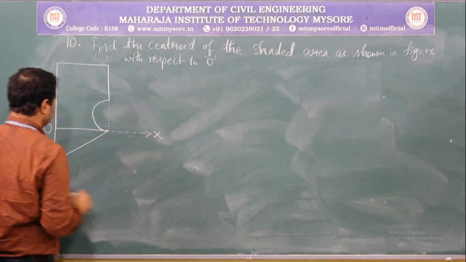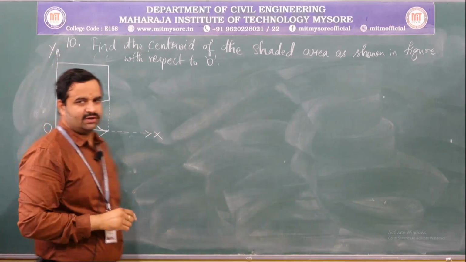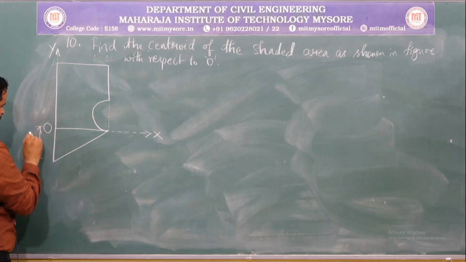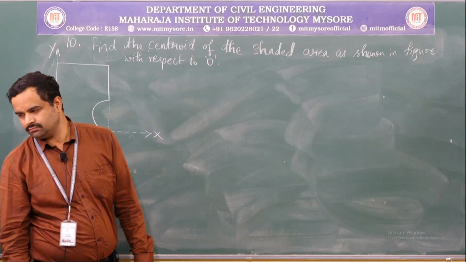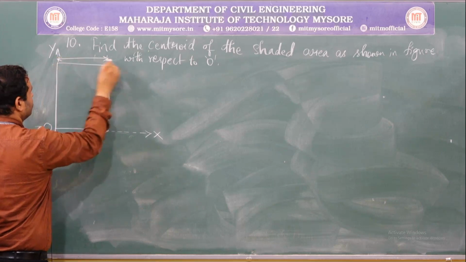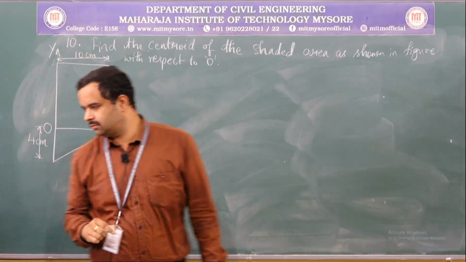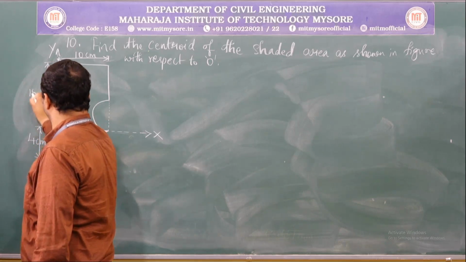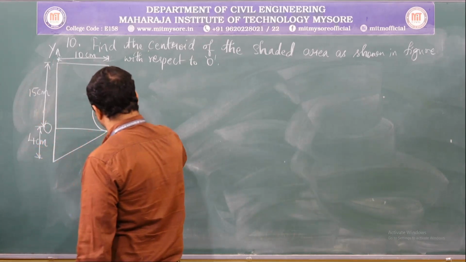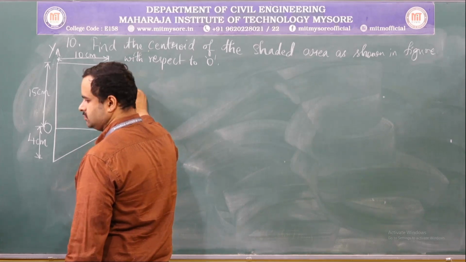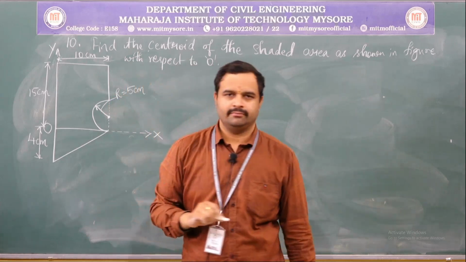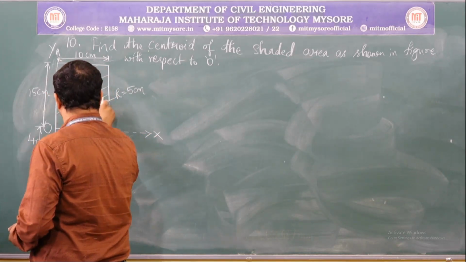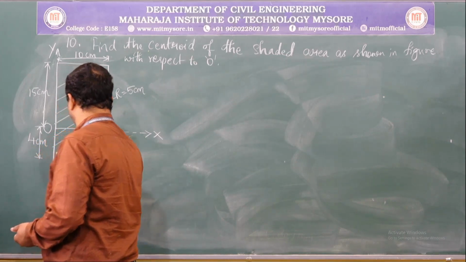So this will be OX axis, this will be OY axis, which is already given, and the dimensions are, this is 4 centimeters, this is 10 centimeters, this is 15 centimeter, and the radius of this semicircle is r equals 5 centimeter, and the shaded region given here is this.